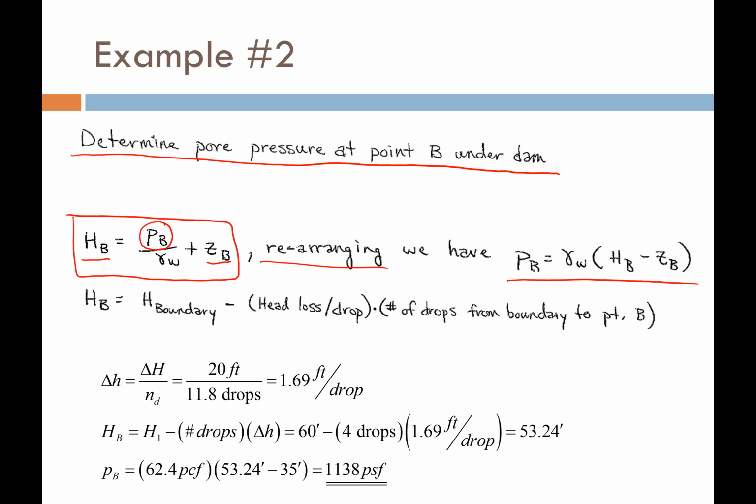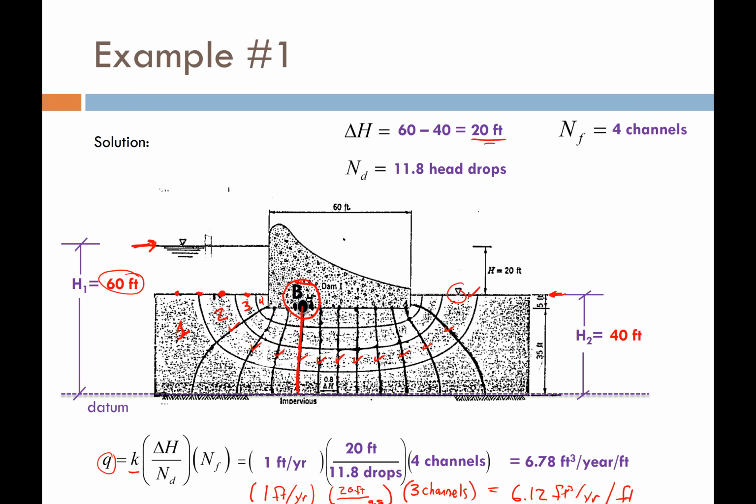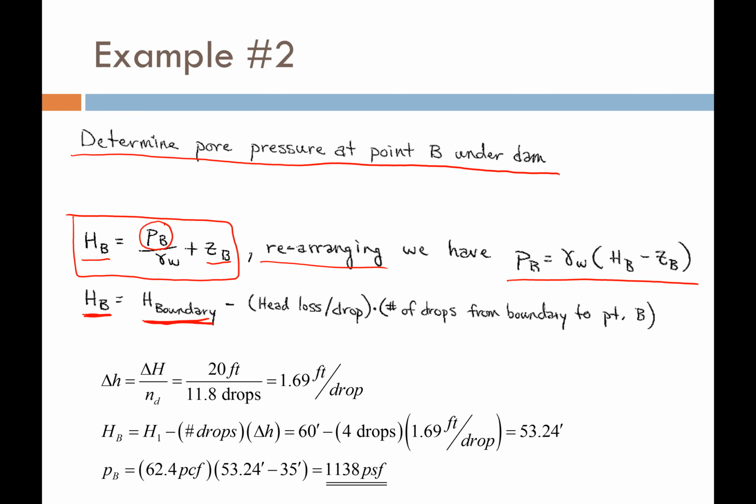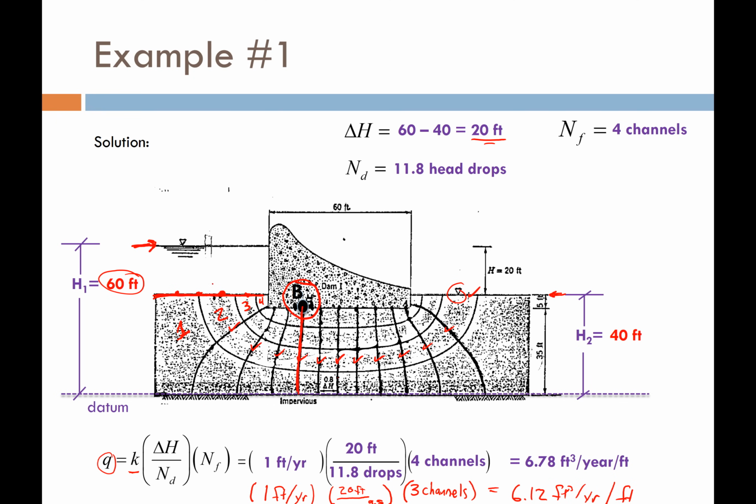Or we can go ahead and just compute it. So the head at B is going to be our boundary head. Our boundary head is, remember, just our initial boundary right here upstream of the dam. And that's going to be minus the head loss per drop times the number of drops from the boundary to point B. So, basically what we're going to do, folks, is we're going to say, okay, I know the head at that line right there.